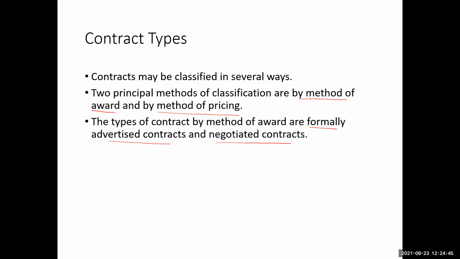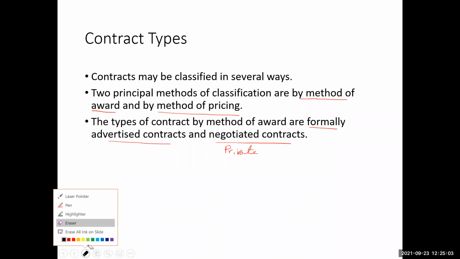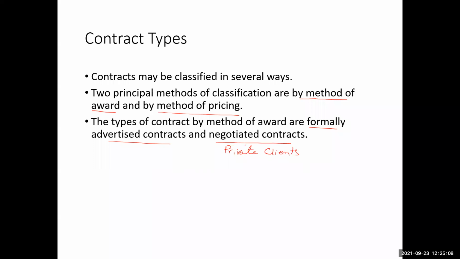Or in another situation, and mostly it is for private owners, private clients or owners, they do the negotiated contracts, because in the private contract, clients are not bound by the conditions for the taxpayers' money, because the capital is their own capital.